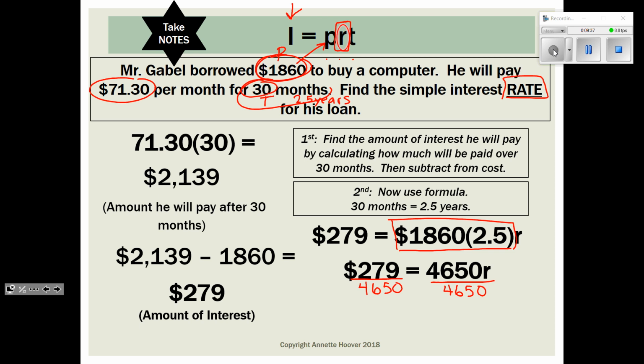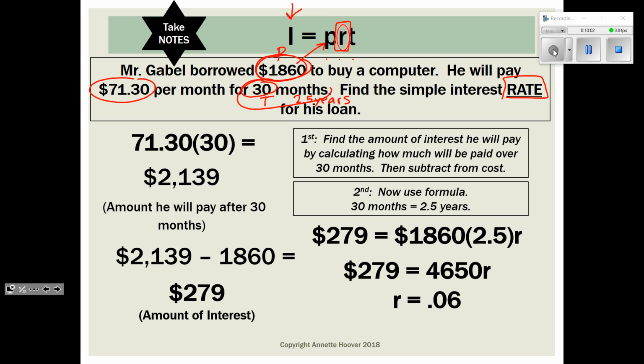Now you're going to divide 279. I know it's the smaller number, and people don't like to divide a smaller number by the larger number, but you always take the top number or the first number, so you type into your calculator 279 divided by 4,650, and you're going to get a decimal. Remember, we have to convert between decimals and percents.